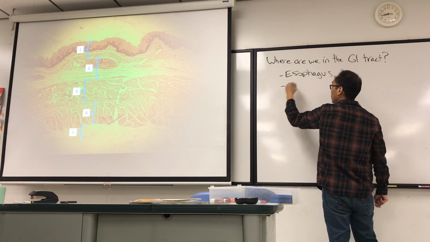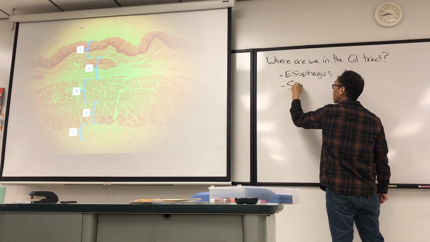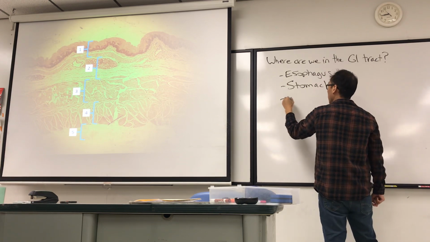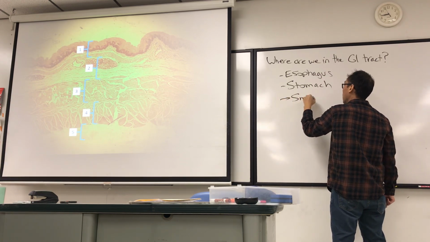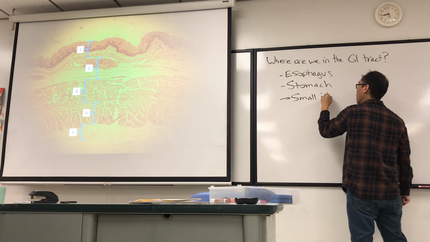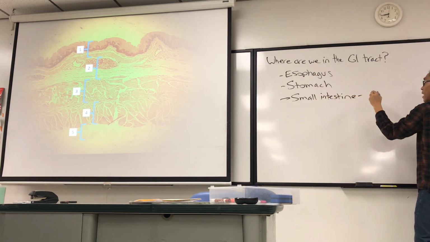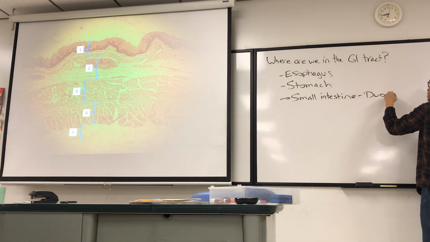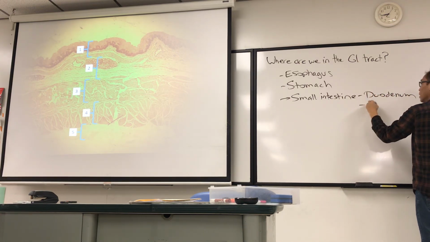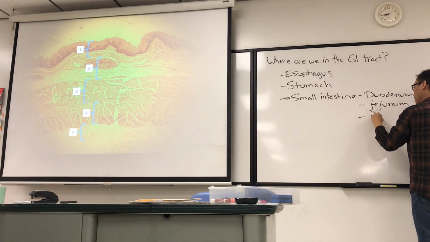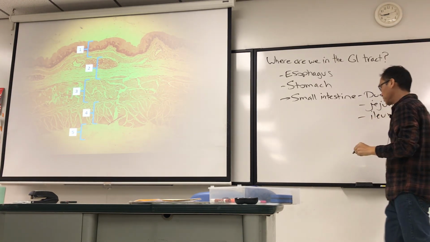We'll go to stomach, and we'll go to small intestine. Now in the small intestine, you should be able to recognize duodenum, jejunum, ileum. And we'll go to the large intestinal colon.